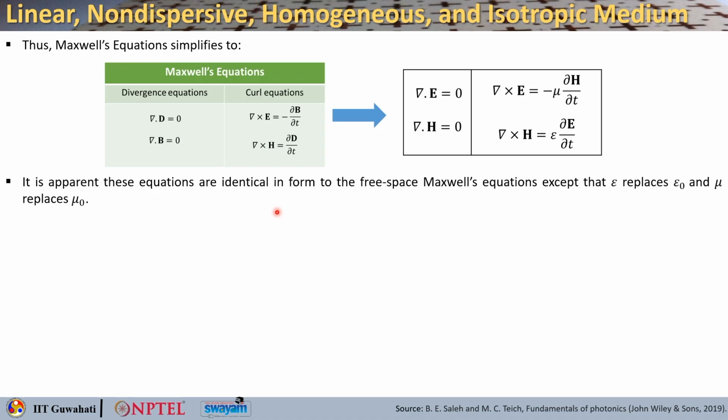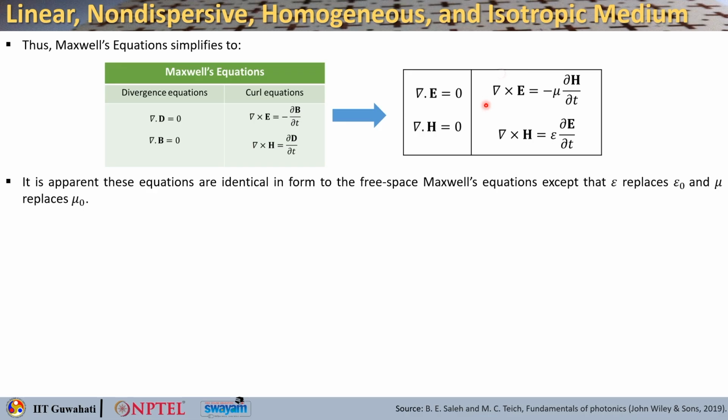It is apparent that these equations are identical in form to the free space Maxwell's equations. The only difference is that epsilon is replacing epsilon naught and mu is replacing mu naught.